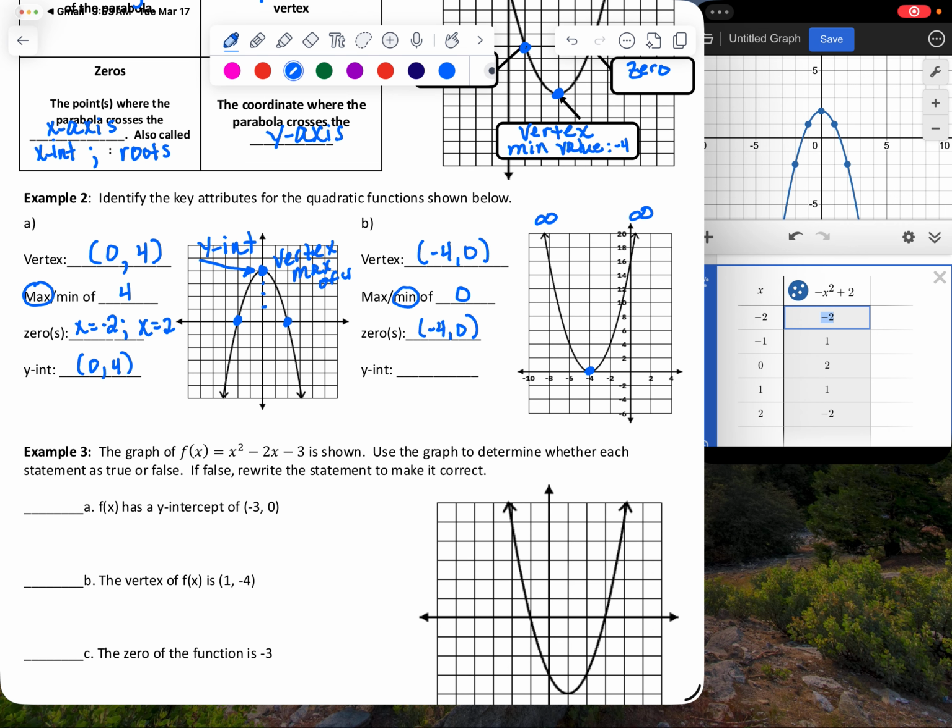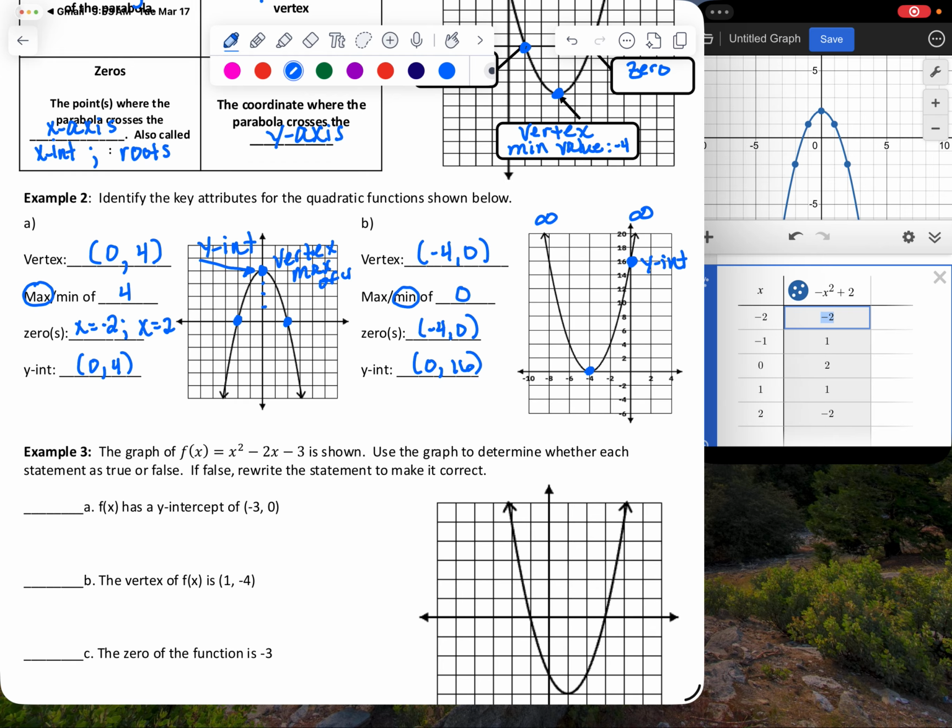Now, it also has a y-intercept. So look carefully at where this graph touches the y-axis. Pause the video and write down what you think is the y-intercept. All right, welcome back. Let's see how you did. So I said the y-intercept occurs right here. And it occurs at 0, +16.